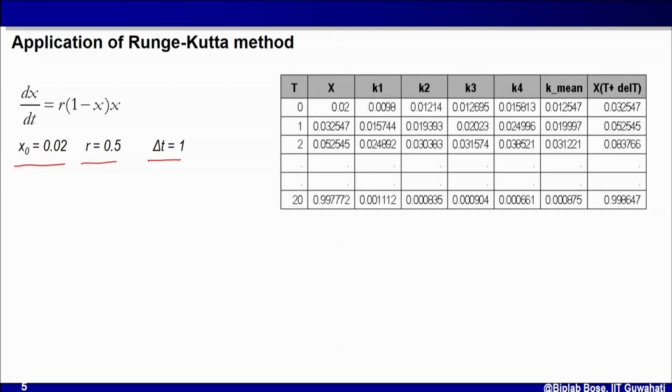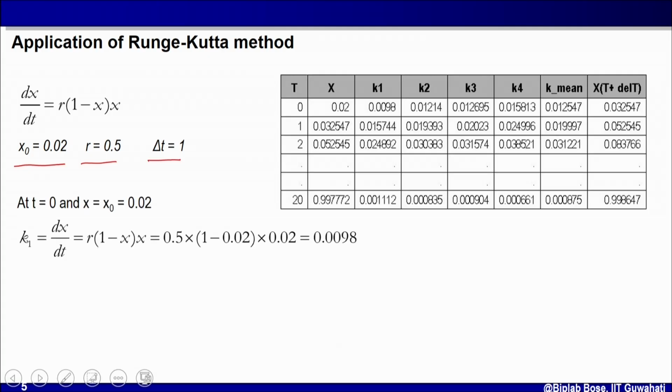So how will we proceed? First I will calculate k1. So consider I am at time point 0, t equal to 0. So the value of x will be 0.02 as given. This is the initial condition.